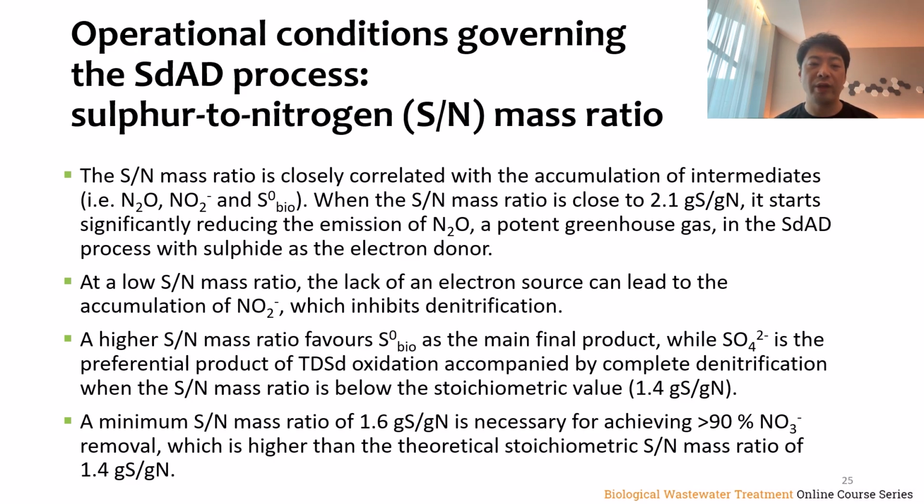When the sulfur to nitrogen mass ratio is below the stoichiometric value, which is 1.4 gram sulfur per gram nitrogen, and if there is a minimum sulfur-nitrogen mass ratio of 1.6 gram sulfur per gram nitrogen, it could achieve 90% of nitrate removal, which is higher than the theoretical 1.4 gram sulfur per gram nitrogen. It is because certain sulfur is utilized for biomass growth.